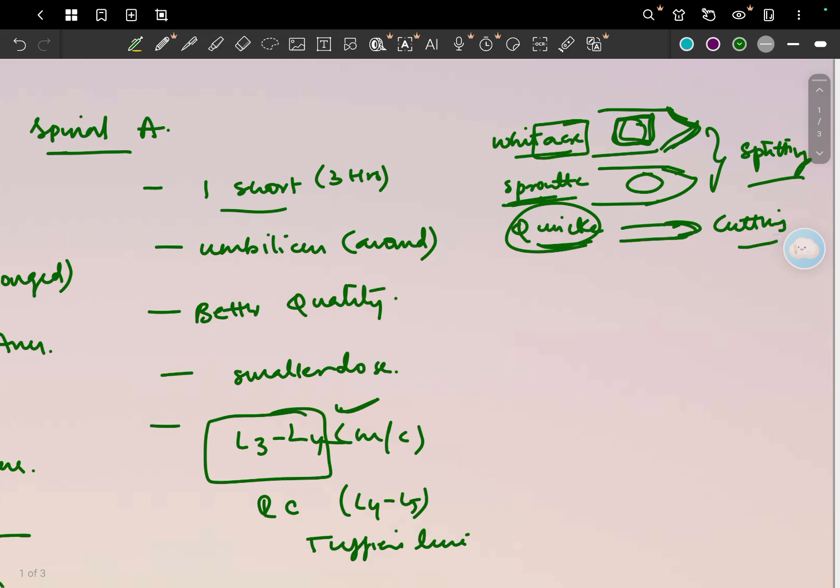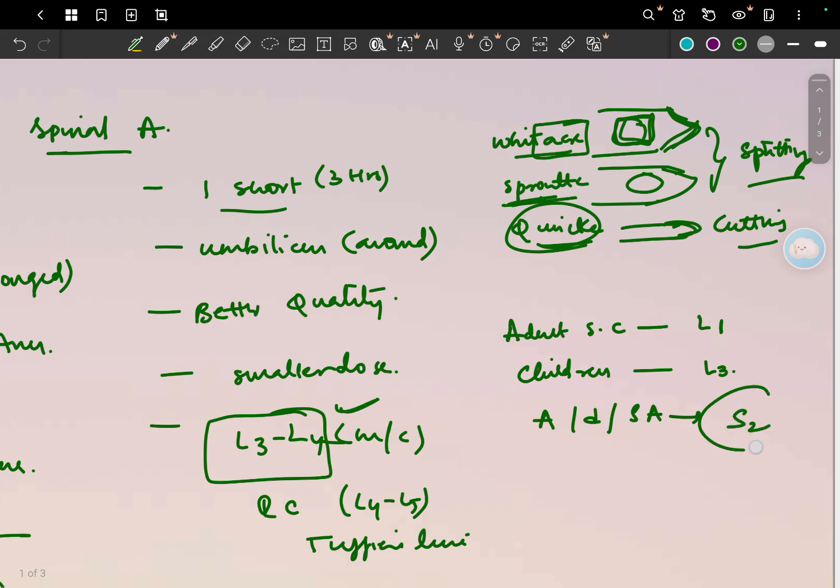A few points you have to remember: in adults, the spinal cord is present near the lower border of L1, and in children, the spinal cord is present near the upper border of L3. And the arachnoid, dura, and subarachnoid space all end near the lower border of S2.